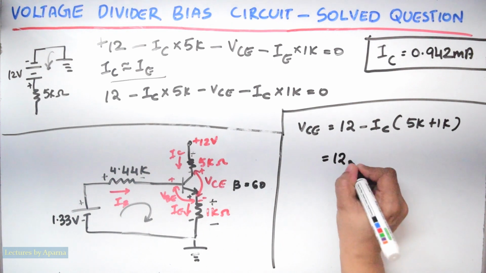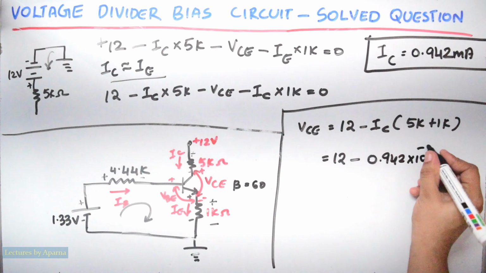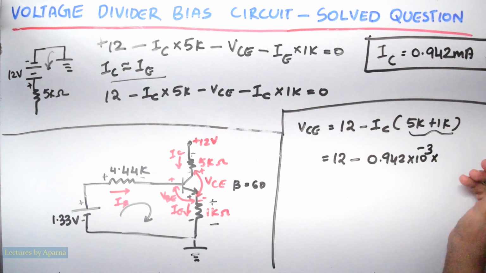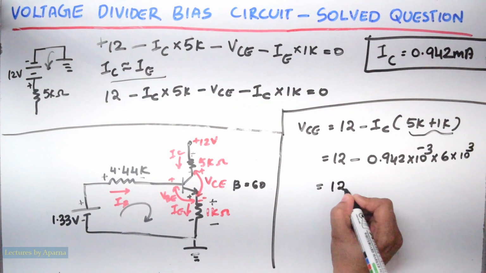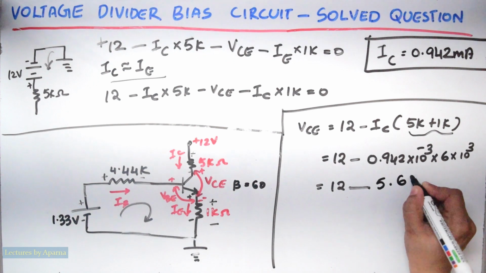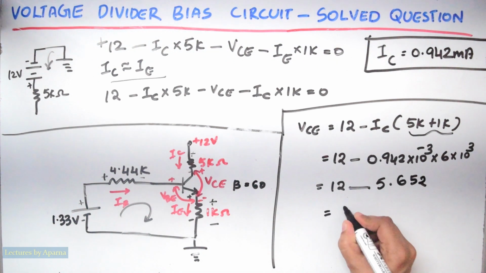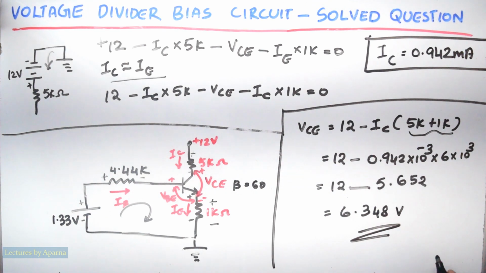That is equal to 12 minus IC, 0.942 into 10 raised to minus 3, into 6 into 10 raised to 3. This will be equal to 12 minus 5.652, or this is equal to 6.348 volt. So we got IC and VCE.